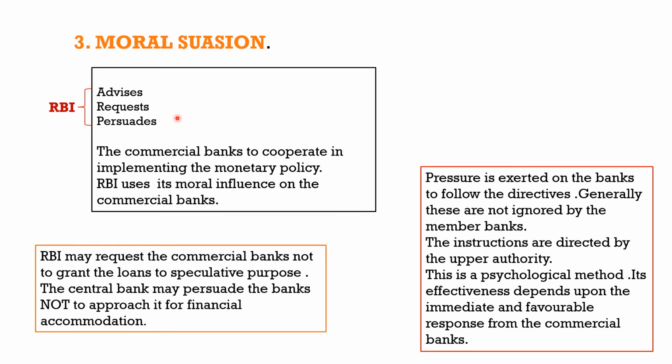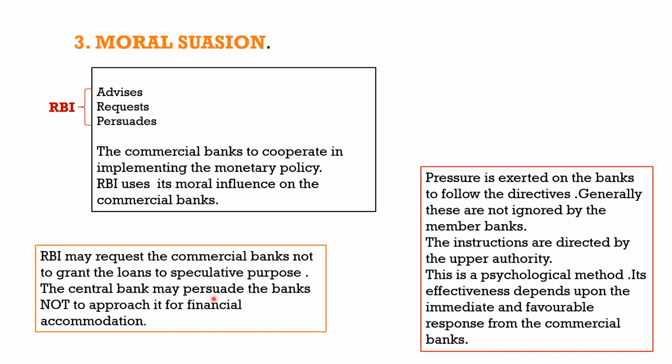It will no doubt be giving a normal advice also, request also, and pressure also on the commercial banks. To cooperate in implementing the monetary policy, it uses moral influence on the commercial banks. It can be advice, suggestion, request, persuasion, pressure, anything. RBI may request the commercial banks not to grant loans for speculative purposes, as we just discussed, that it can be in the form of a suggestion, right?